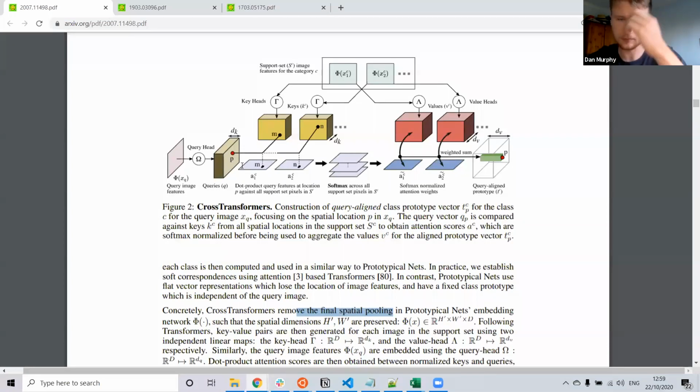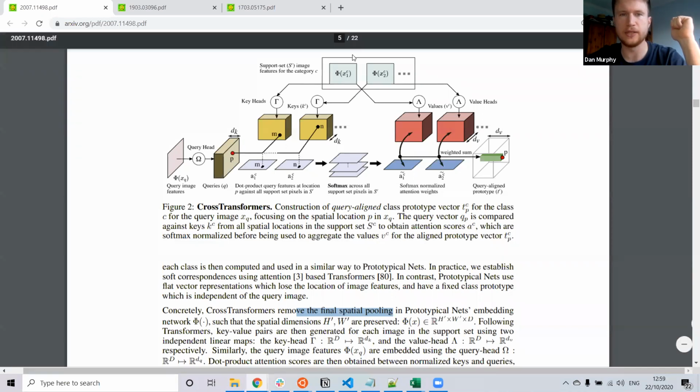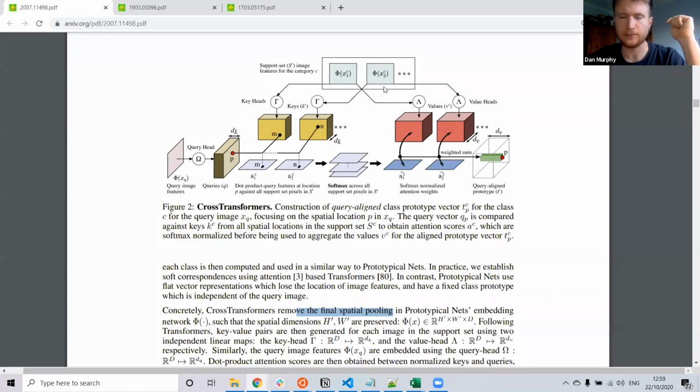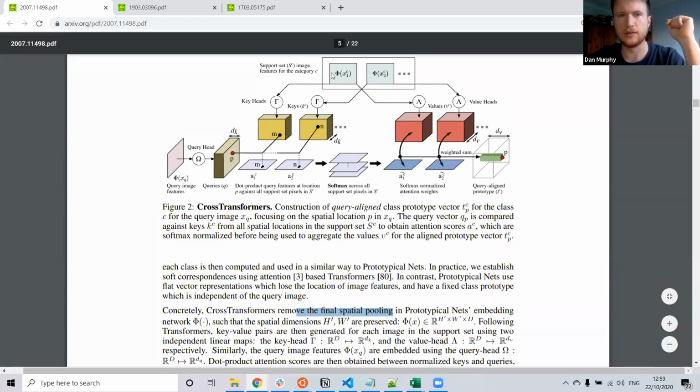It's an attempt to get the network to pay attention to particular areas of the support set image for a certain class, right?